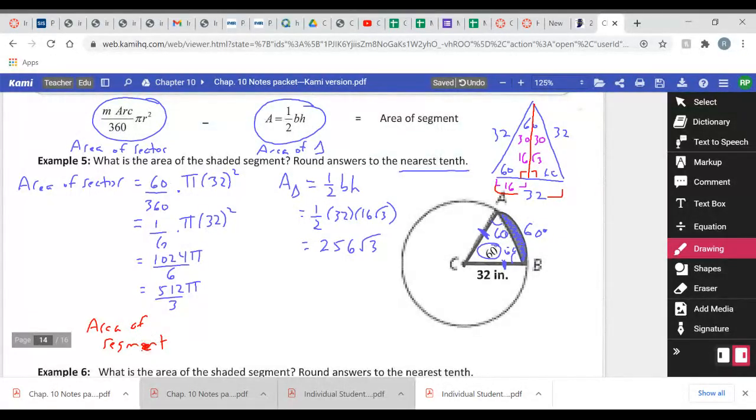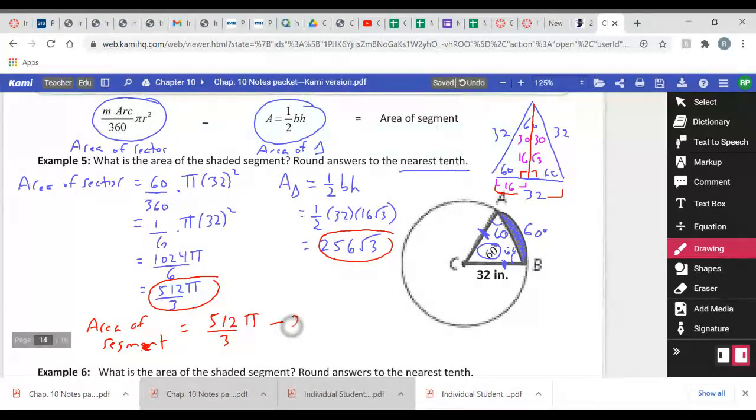The area of the segment is equal to, I just need to subtract these two. I'm subtracting this number and this number. So the area of the sector is the bigger amount, 512 over 3 pi.